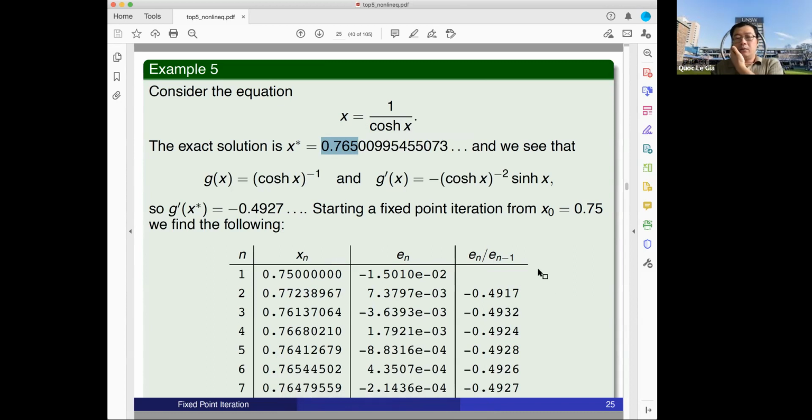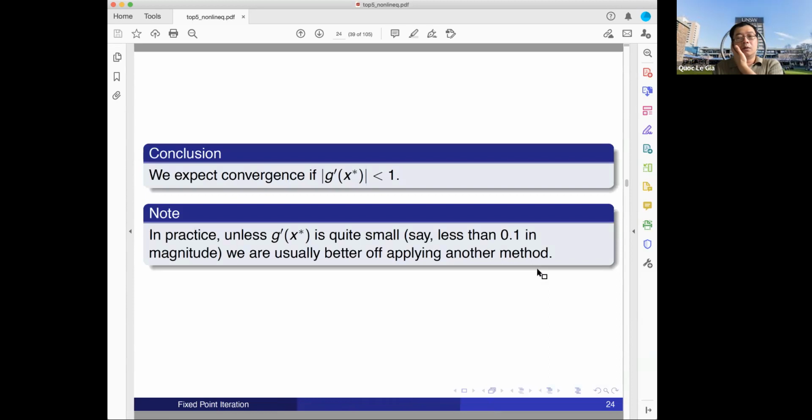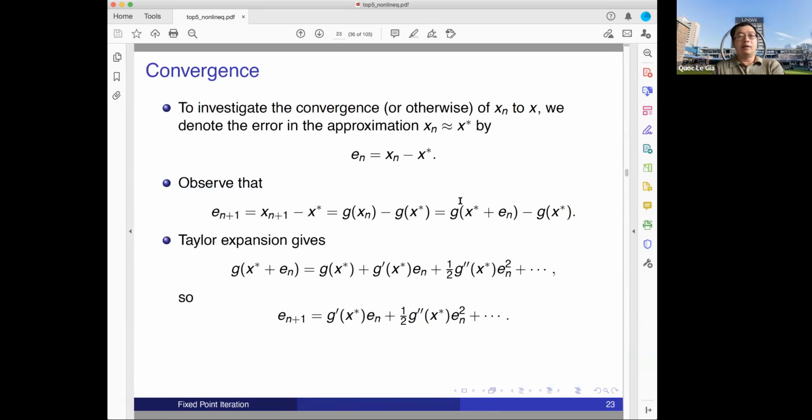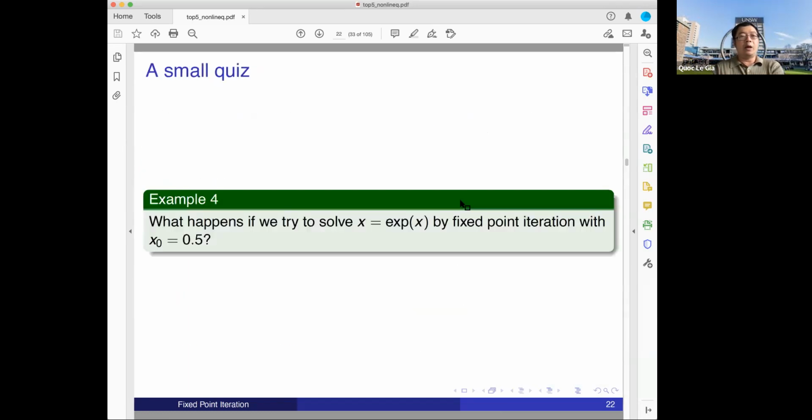A very good question. If you try another starting point, we can play around with that. It doesn't matter what initial point you use.